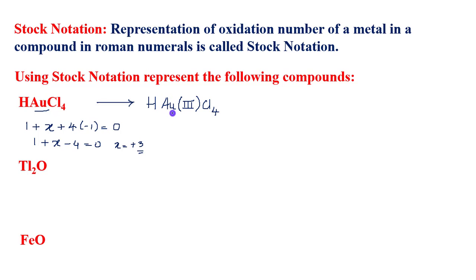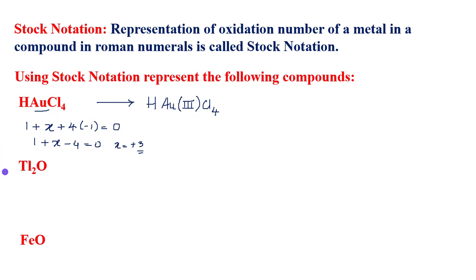Looking at the formula only, you will be able to tell the oxidation number of gold. What is the oxidation number of gold? It is 3, right? When you write the full name of this compound, you will write hydrogen auric III chloride or hydrogen gold III chloride.